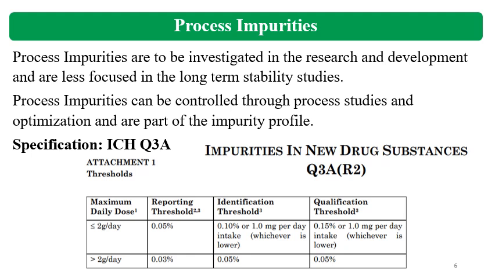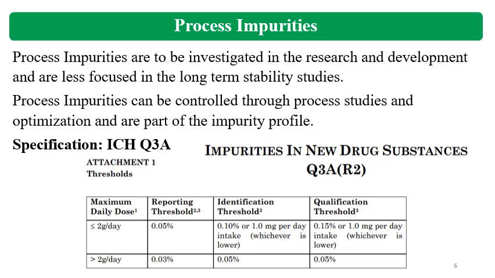If the maximum daily dose is 2 grams or less than that, then a reporting threshold will be 0.05%, identification threshold will be 0.1% or 1 mg per day, whichever is lower. Qualification threshold will be 0.15% or 1 mg per day as per the maximum daily dose, whichever is lower.